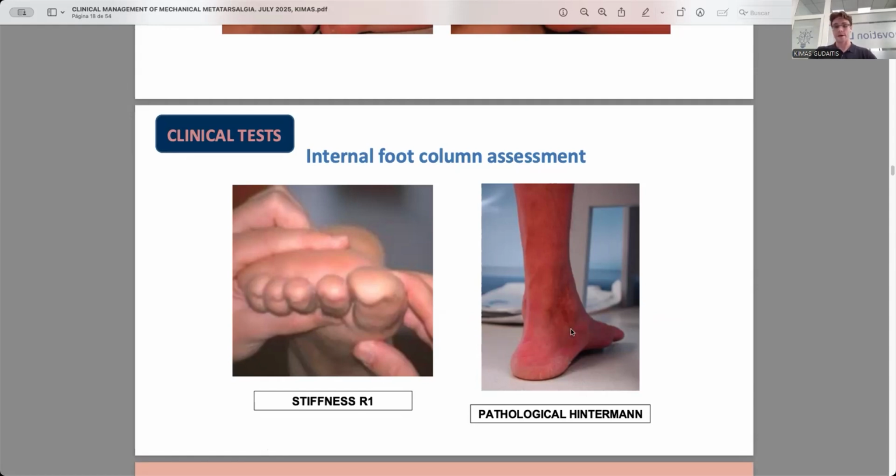Also, we can use the Hintermann test to check for dorsal deformities of the first metatarsal. The most well-known is the metatarsus primus elevatus. In these cases, it's important to include an extension under the first ray, like the Morton's extension, as part of our orthopedic treatment.